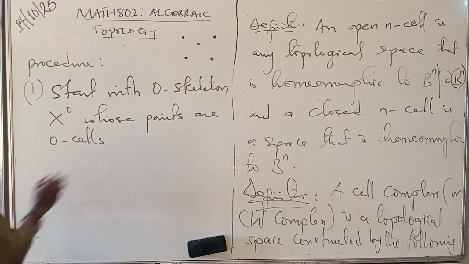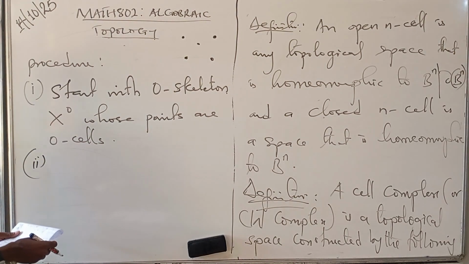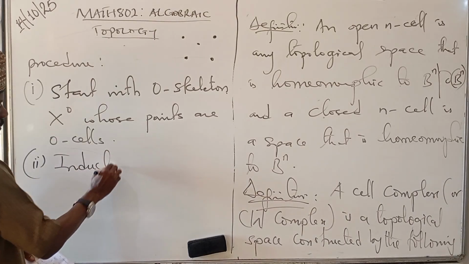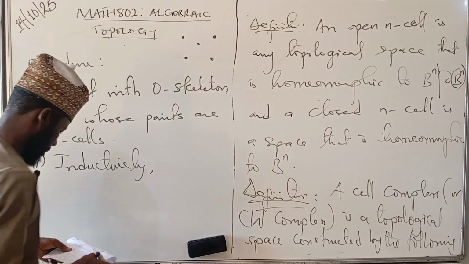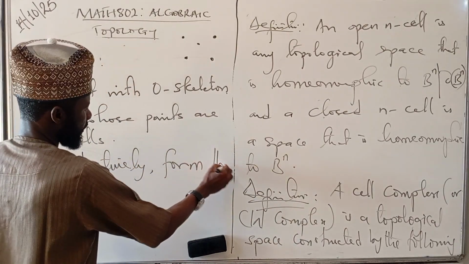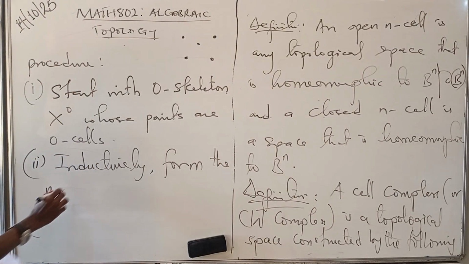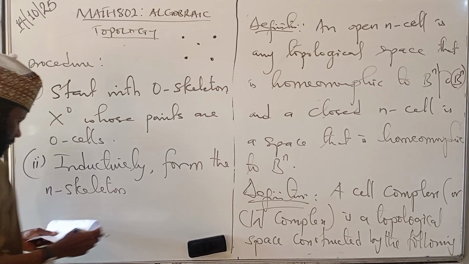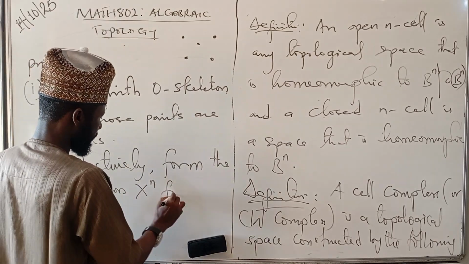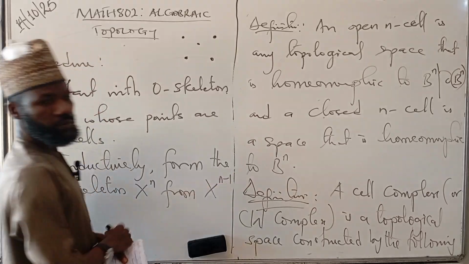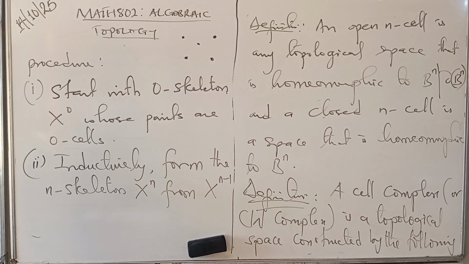And then the second step is to inductively form the n skeleton Xn from an already constructed n minus 1 skeleton.